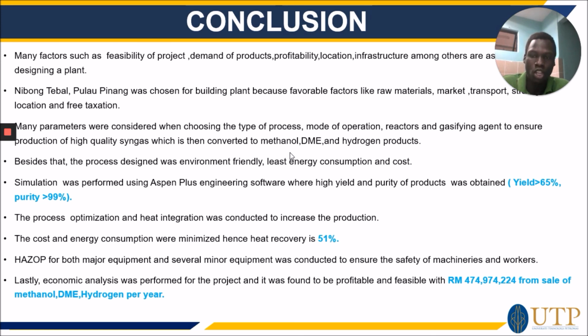HAZOP for major and minor equipment was also conducted to ensure the safety of machineries and workers. Lastly, but not least, the economic analysis was performed and the project was found profitable with an amount of 474,974,224 ringgit per year from sales of product.